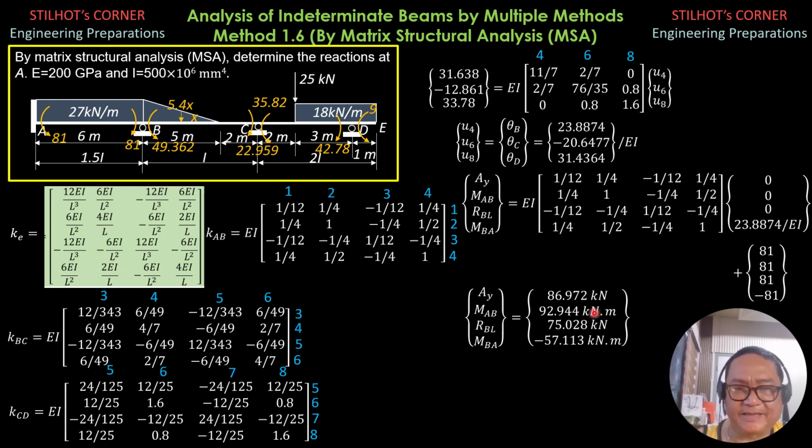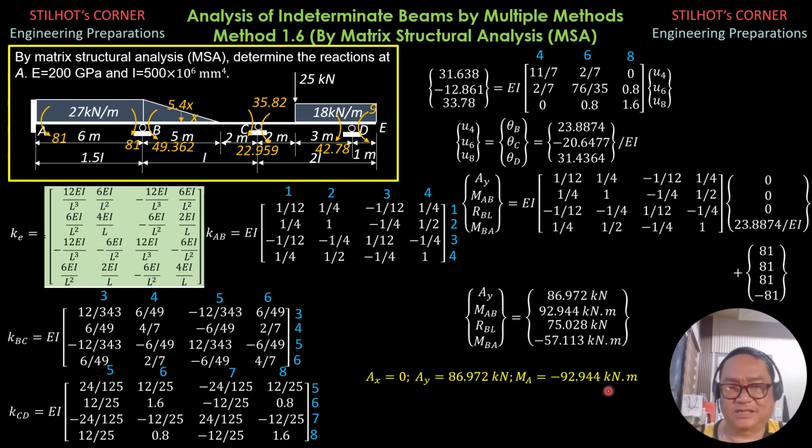Therefore, moment AB is negative 92.944. So AX 0, AY 86.972 kilonewtons, and moment AB negative 92.944 kilonewton meter. So that's it for this video.